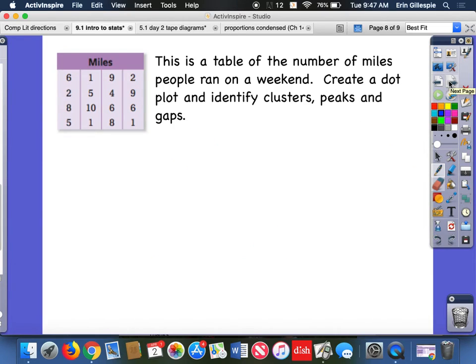All right, one last one for you guys to try. Not really anything different, just making sure you got it. So go ahead, pause it, try it on your own, and we'll check back in a second. All right, if you identified here, your data basically goes from 1 to 10. 1 is your lowest, 10 is your highest. So you want a number line that goes from 1 to 10.